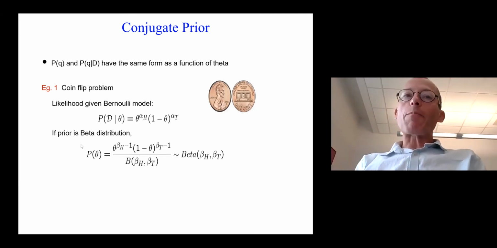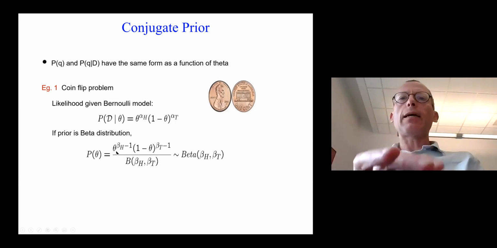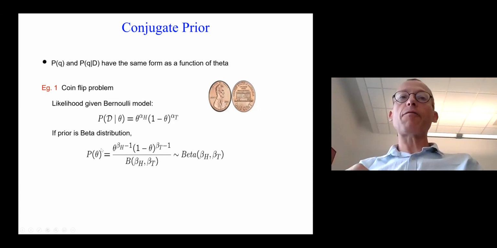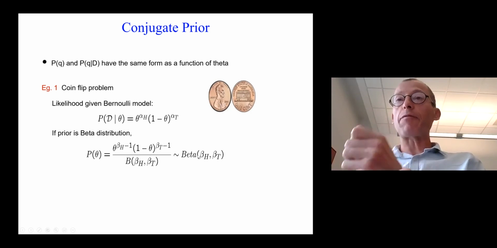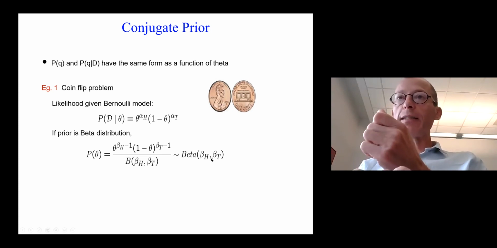Now, if we assume a prior as a beta distribution, a beta distribution is a specific type of distribution defined by two values. These are inputs to the function, user-defined values, and we'll talk in a second about how to define them.